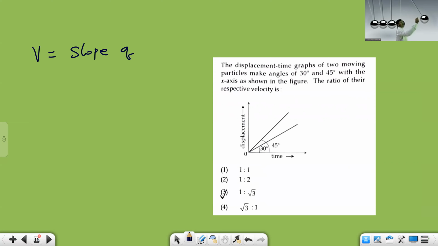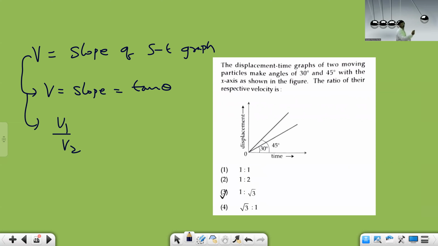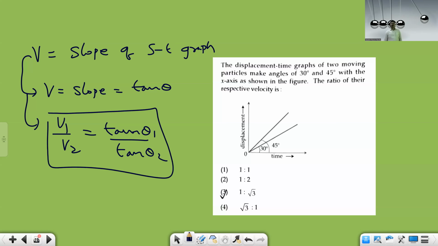So velocity is slope. Slope is nothing but, for any graph, I can call it tan theta. So from here I can write V1 by V2 is equal to tan theta 1 by tan theta 2. Ratio of velocities, here I can write tan theta 1 by tan theta 2.